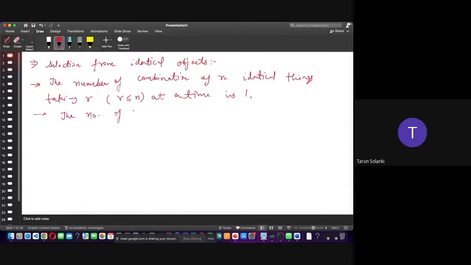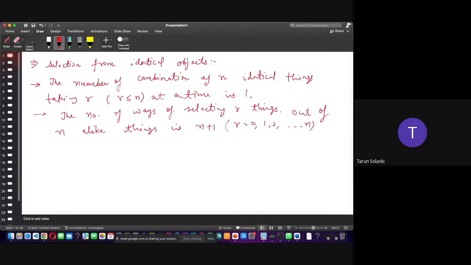The number of ways of selecting r things out of n alike things is n plus 1.